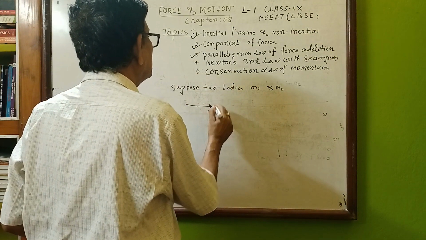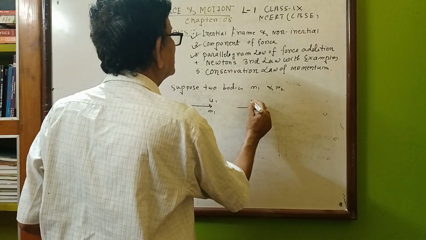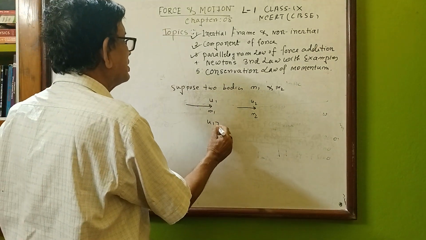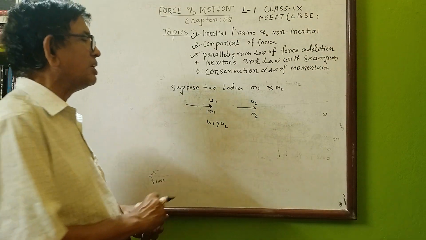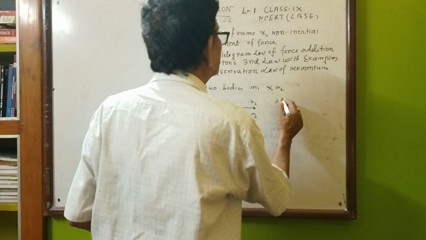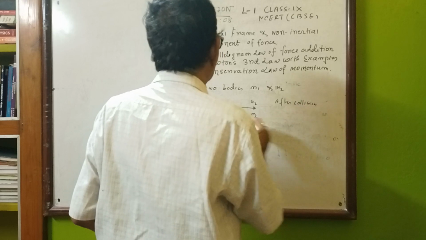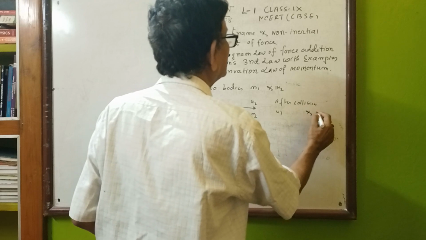M1 with velocity U1, and M2 with velocity U2. Now, if U1 is greater than U2, then what will happen? After a certain time they will collide, and after collision, the velocities changed to V1 and V2.